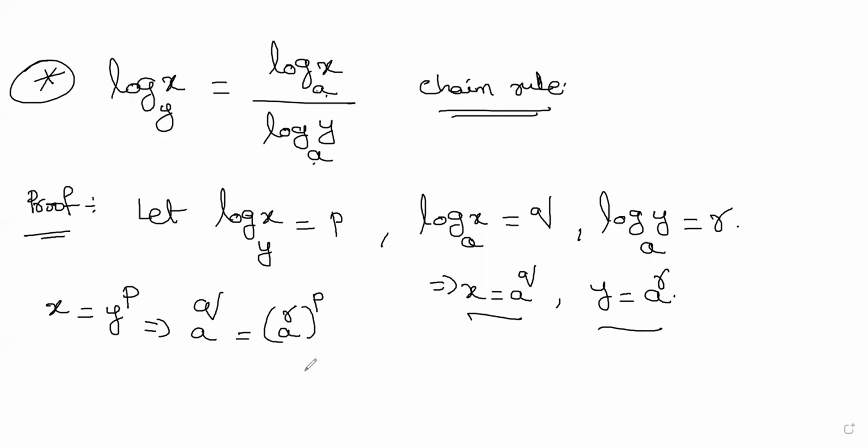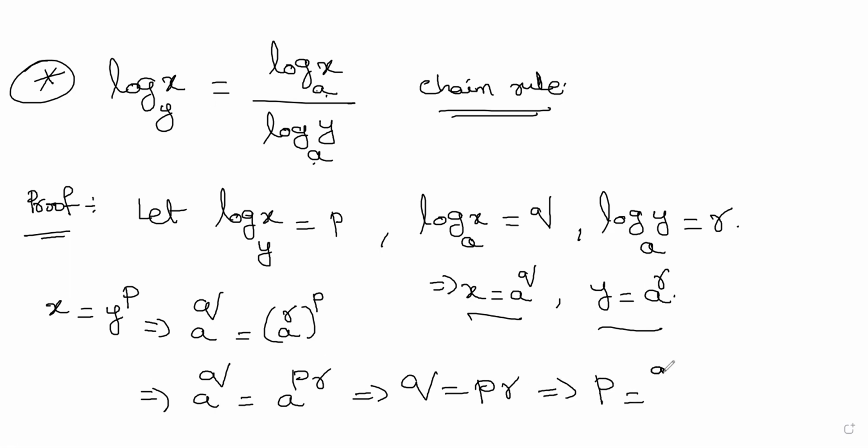We can write like this. So you have a to the power of q is equal to a power pr. Got it? So you can write q is equal to pr. P is equal to q by r.